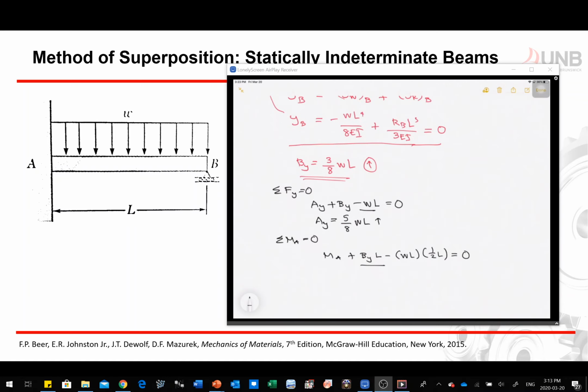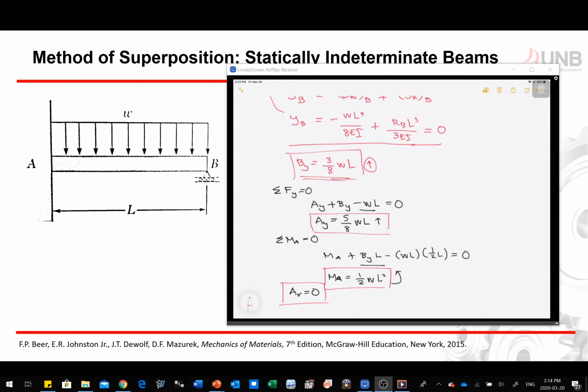Now eventually we're going to get MA equal to 1/2 WL squared, and that's rotation right here. So now there's another reaction which is at X, but that's 0. So we have AX equal to 0. Eventually, we have now calculated the support reactions. So we have AX here, we have MA right there, we have AY, and then we have BY.